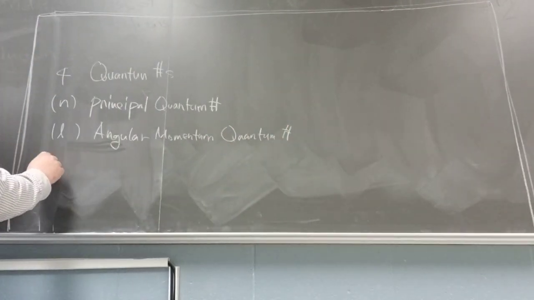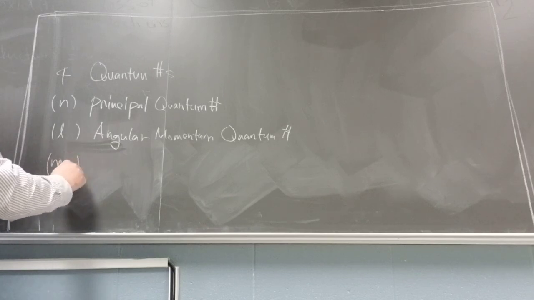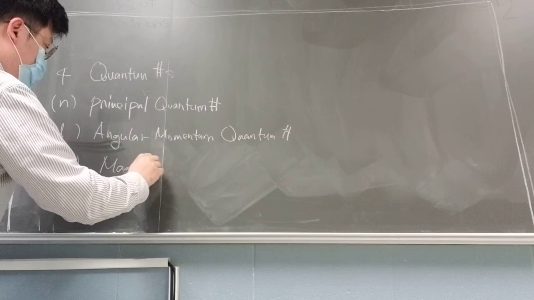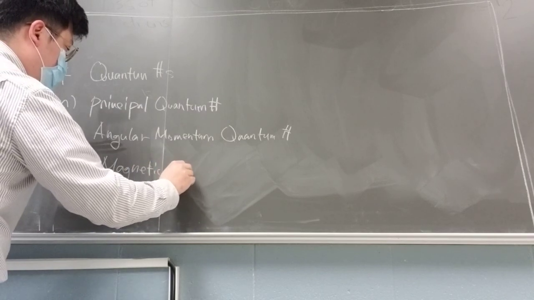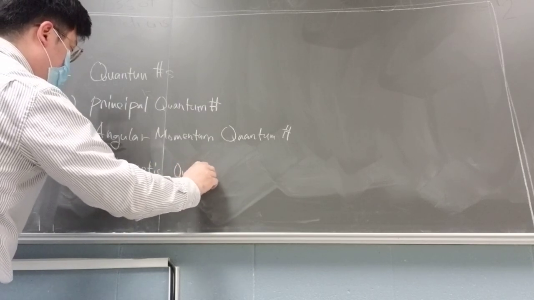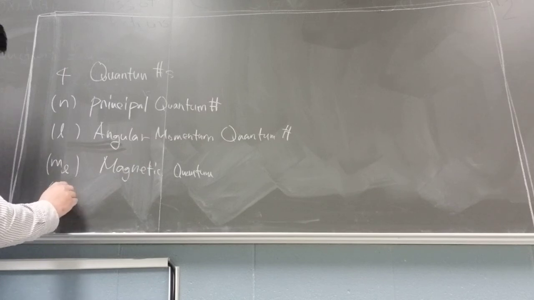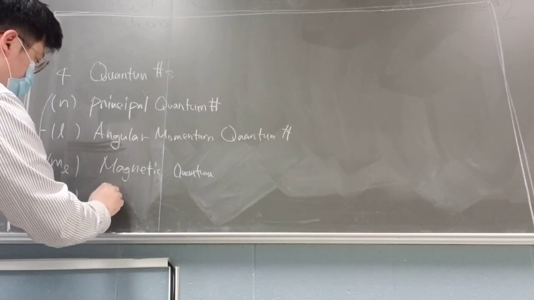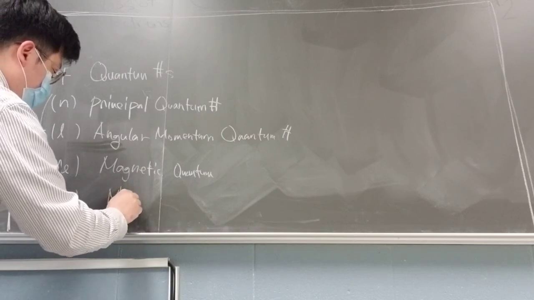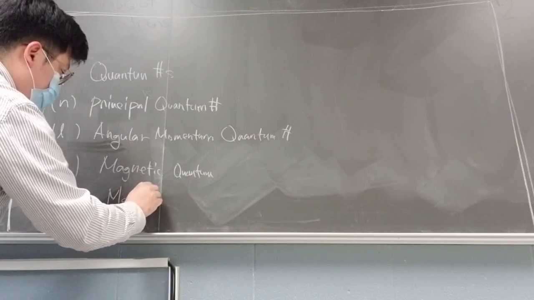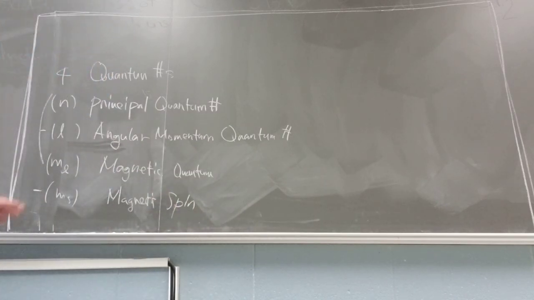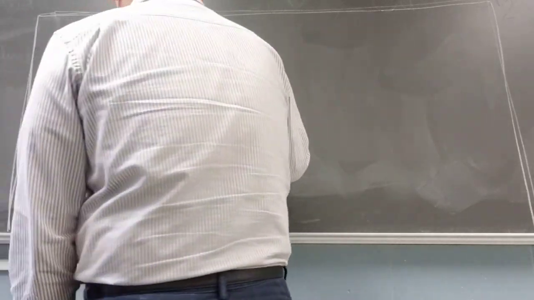We have the ML, the magnetic quantum number. And then the last one was for electron actually. So those are for the orbitals. This is electron magnetic spin. Okay. So well, we're gonna talk about this one sometime today, but let's just focus on this one.